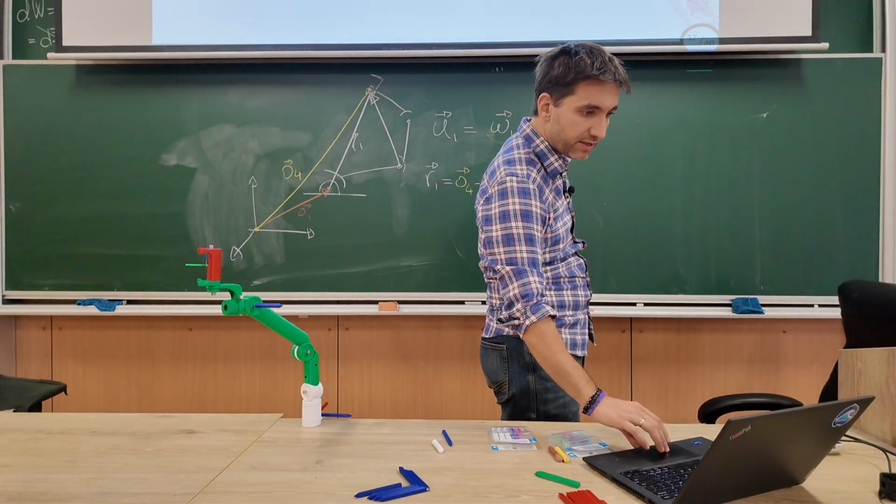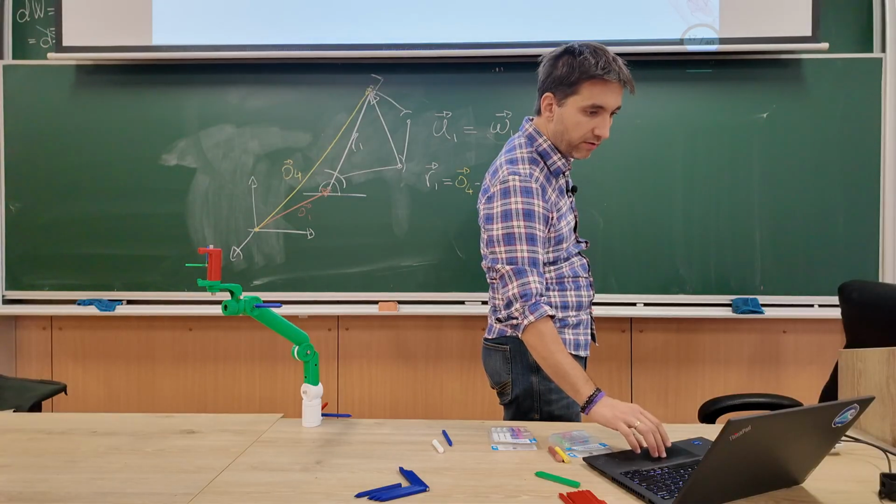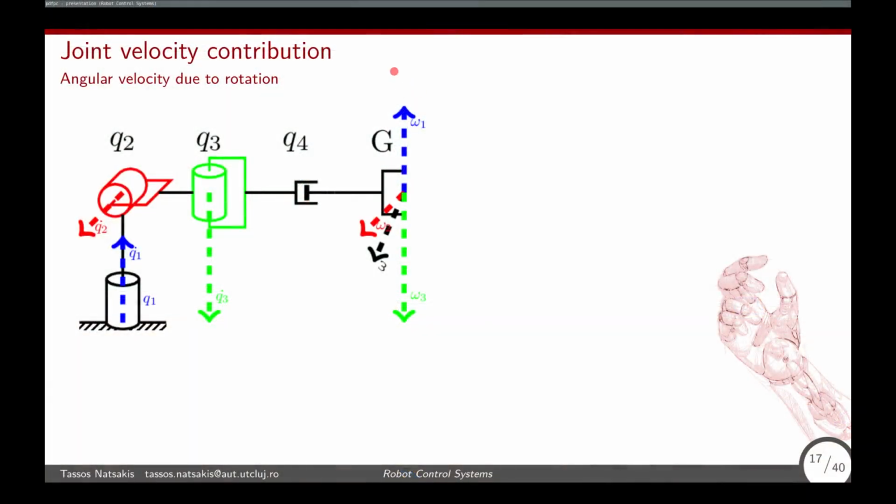So here, the angular velocity due to the first joint will be a vector parallel to the axis of rotation for the first joint. For the second joint, it will be a vector aligned with the axis of rotation of the second joint, and for the third joint, the angular velocity will be aligned with the third axis of rotation.